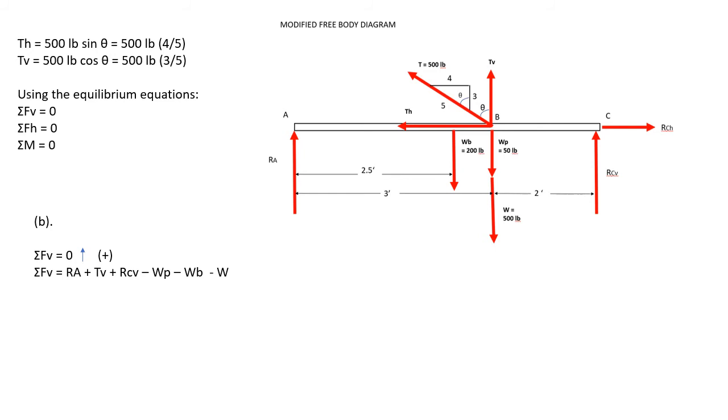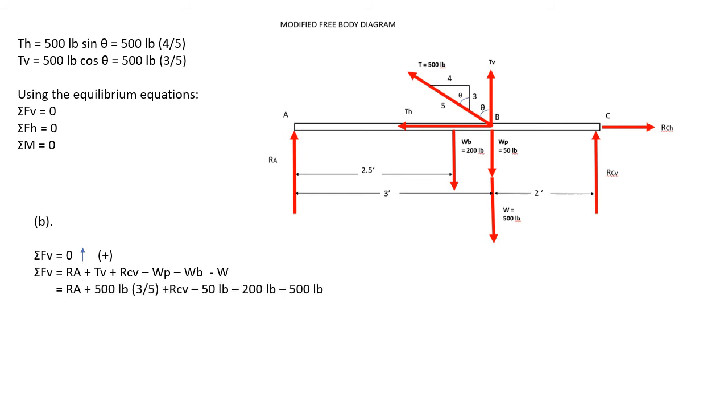These three are positive because notice that they are pointing upward. The next ones are minus the weight of the pulley, minus the weight of the beam, minus the weight of the load. They are negative because they are pointing downwards.